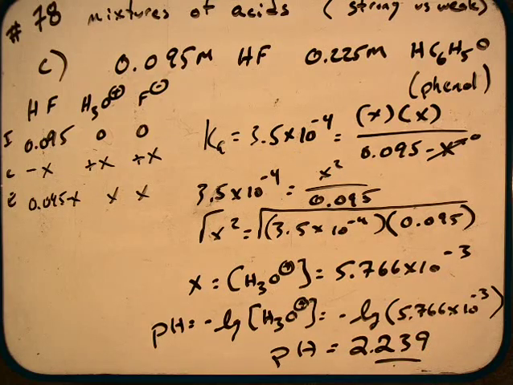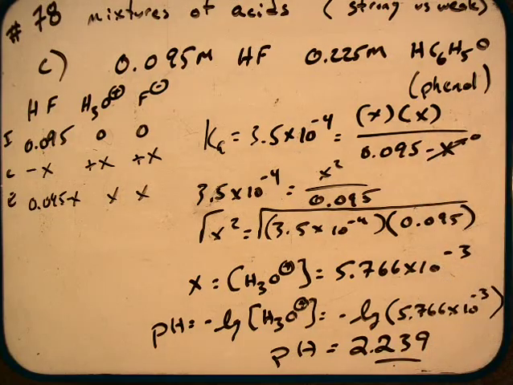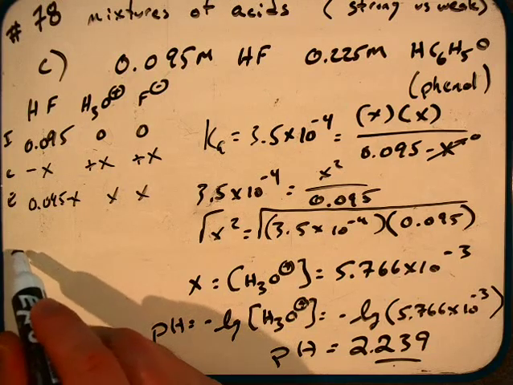So that is our pH, and really the pH is solely resultant from the HF, because the amount of H3O plus generated from the other acid, the phenol, is so insignificant because of the drastic differences in Ka. We should probably check our assumption just to make sure it's valid.